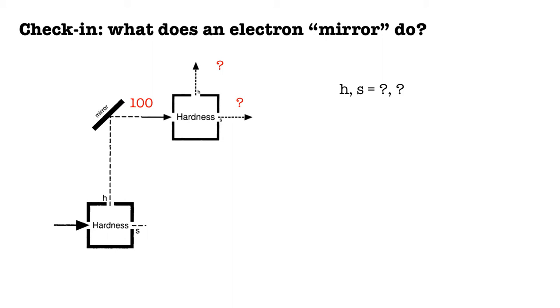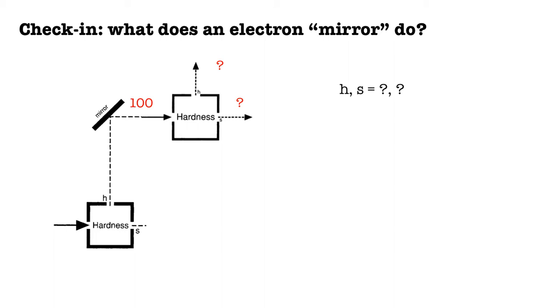Well, the way I think about this is that we are told a mirror does not affect the state of the electron in any way. So this is a repeated measurement of hardness. And we know that for repeated measurements of hardness or repeated measurements of color, the outcome of the second measurement is 100% predictable.